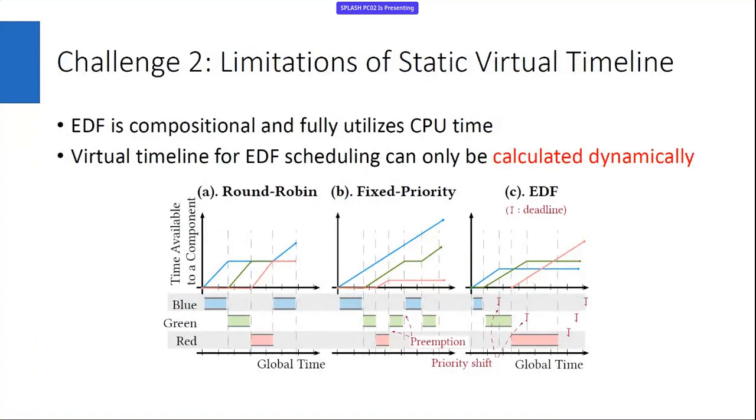So the problem, of course, is that the static virtual timeline technique we used before no longer works, and it's not obvious. In fact, this virtual timeline changes at dynamic times, and the timelines will overlap.